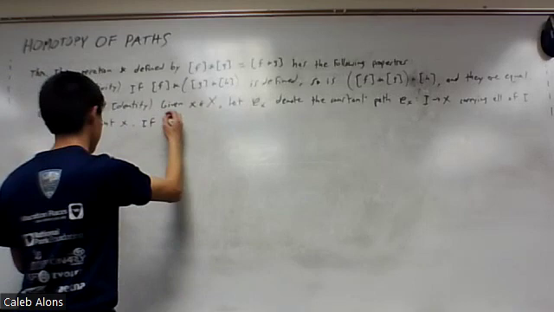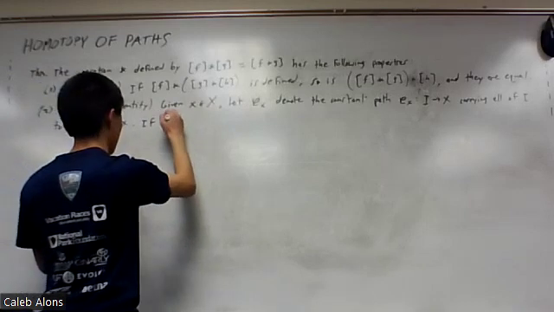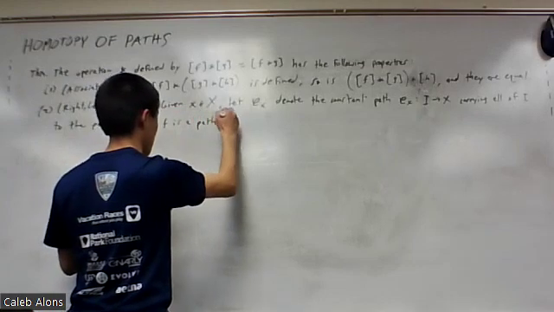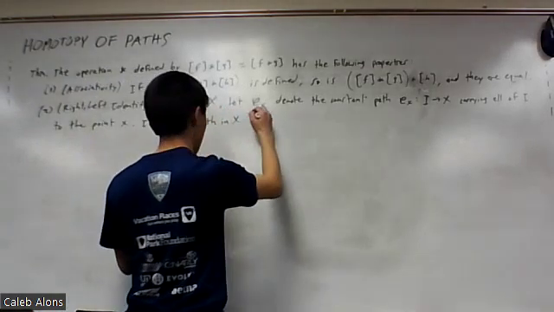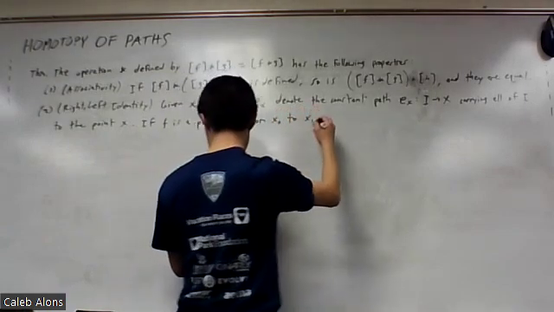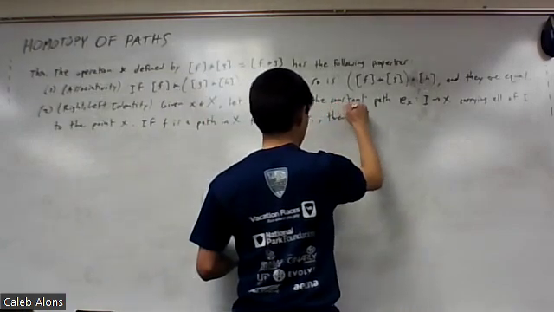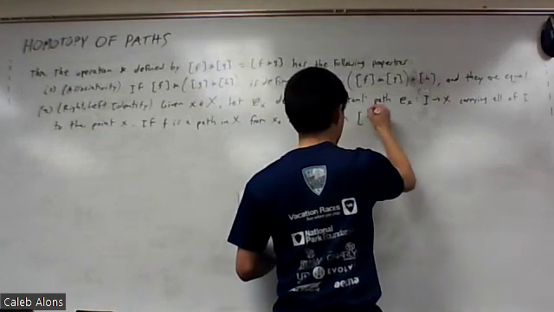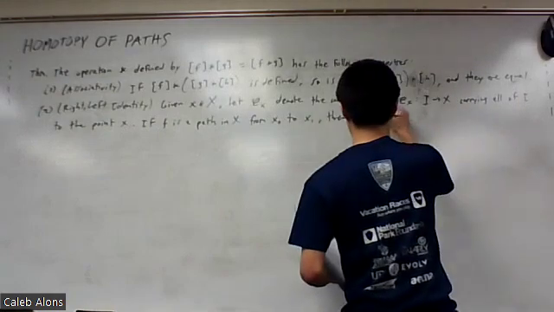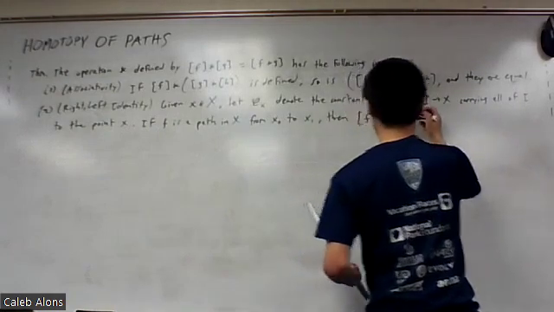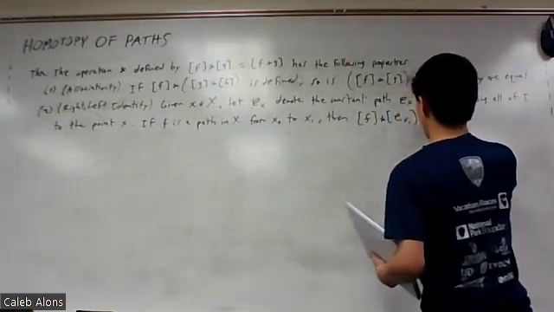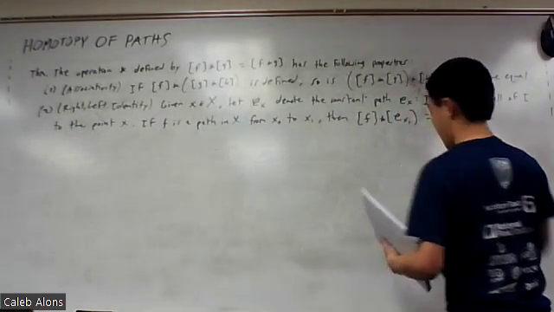So if F is a path in X from X naught to X1, then we have that if I take my path, if I go through the whole path and then map everything in the endpoint onto itself, then that returns to me just the path.